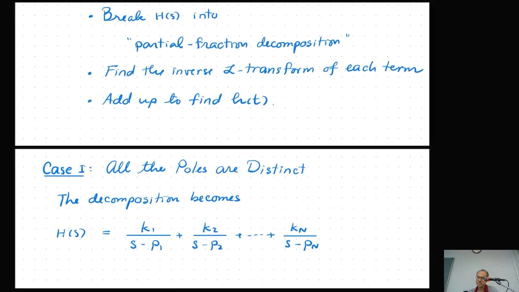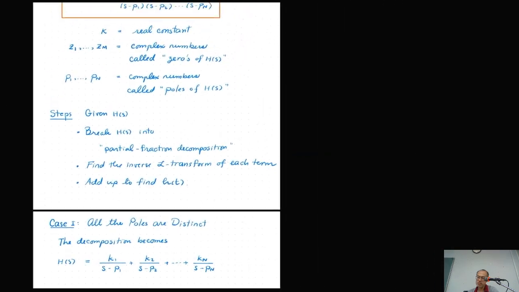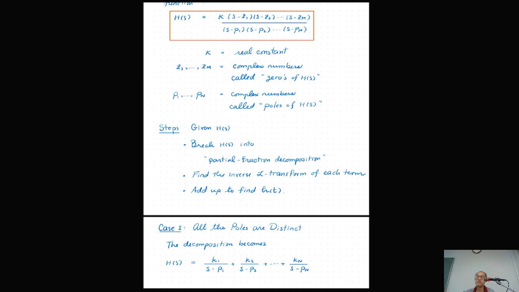I would like you to compare these terms with the original H. There are n terms in the denominator of H, from p1 through pn.